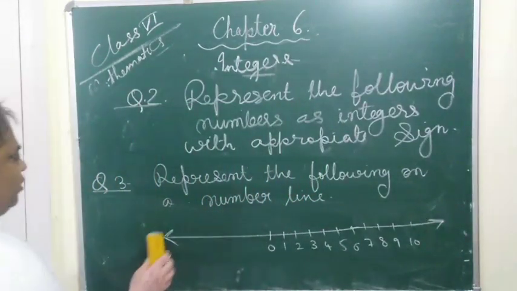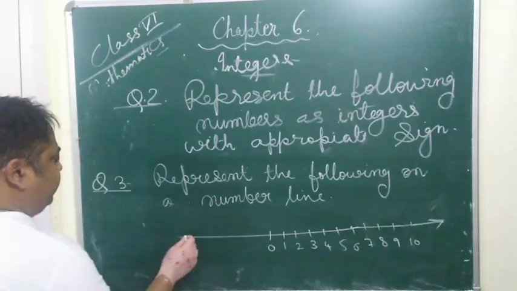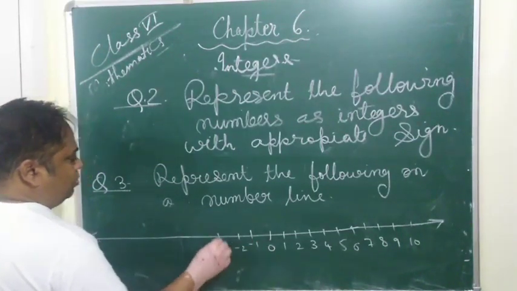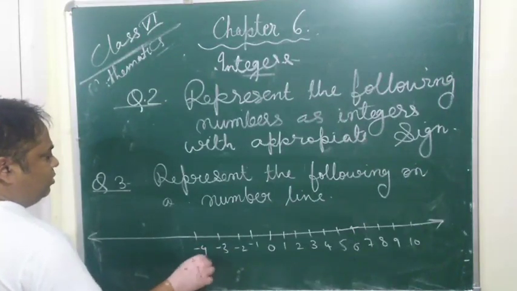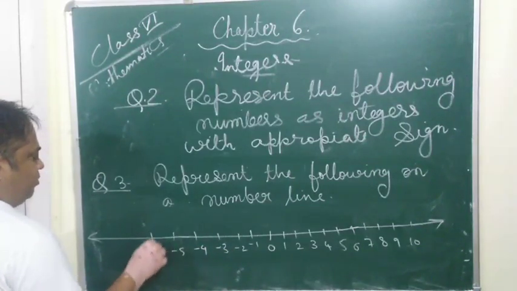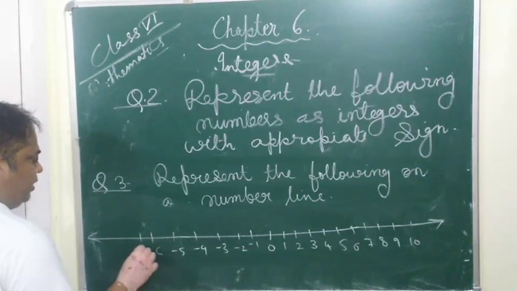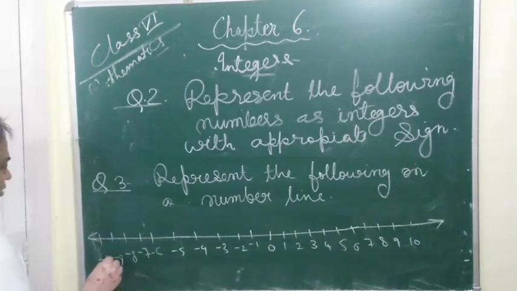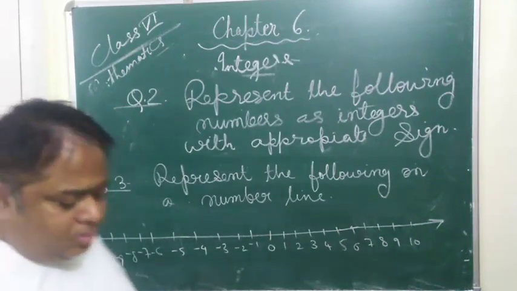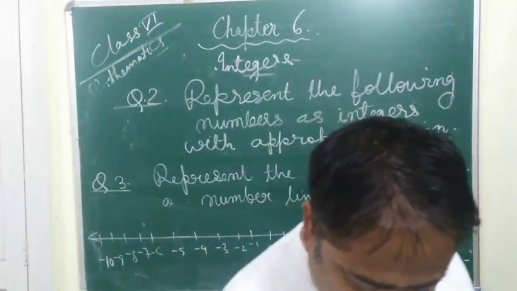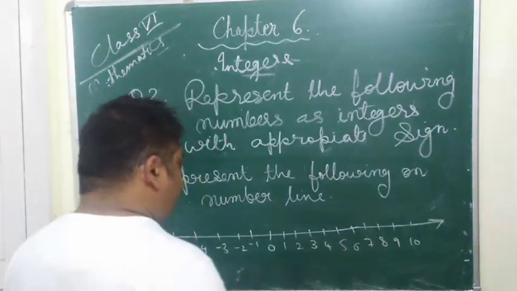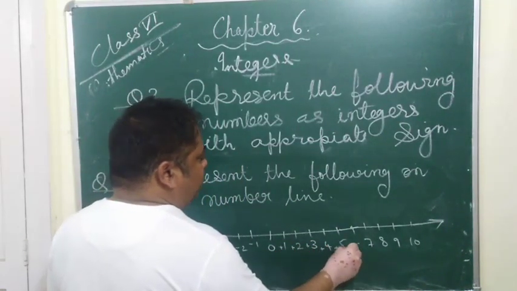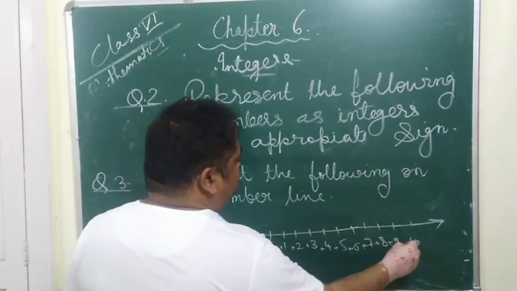On the left hand side of 0, all the numbers will be negative integers: -1, -2, -3, -4, -5, -6, -7, -8, -9 and -10. Now see the first question. We have to represent +5. So +5 is this one. These all are plus. On the right hand side all numbers are plus. On the left hand side all numbers are minus.